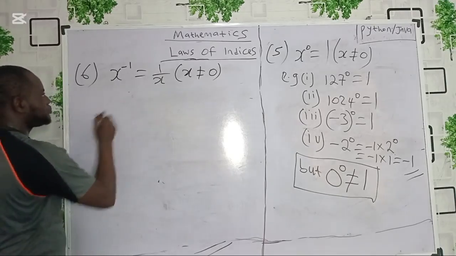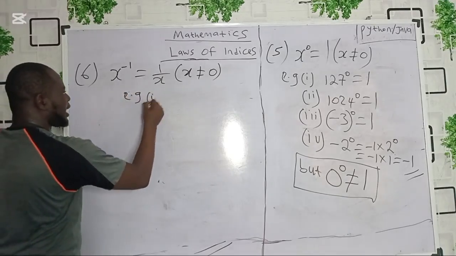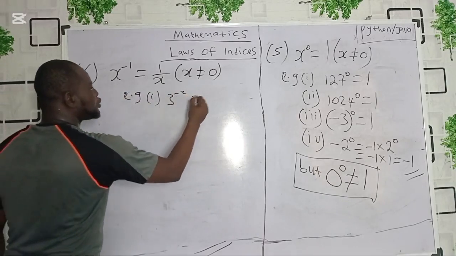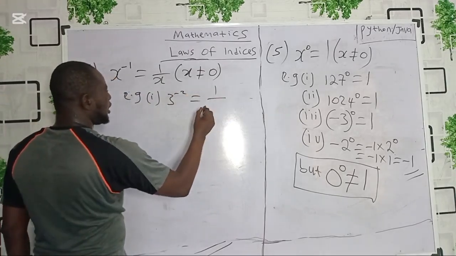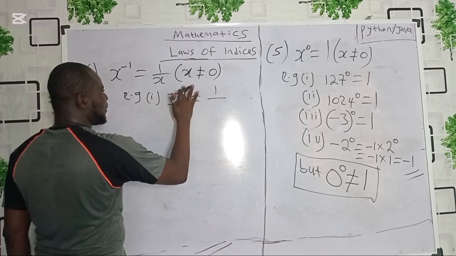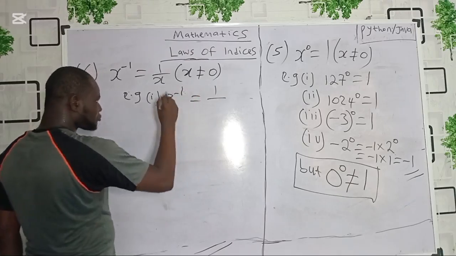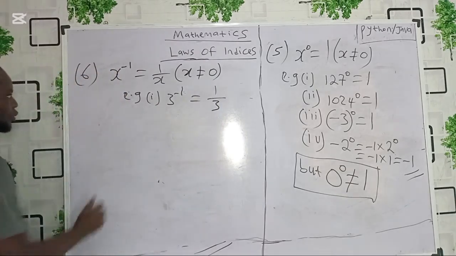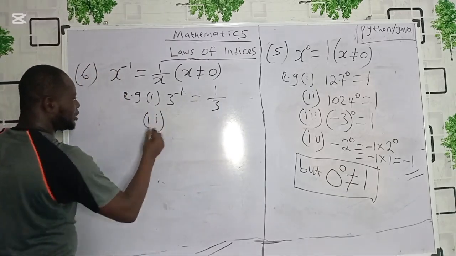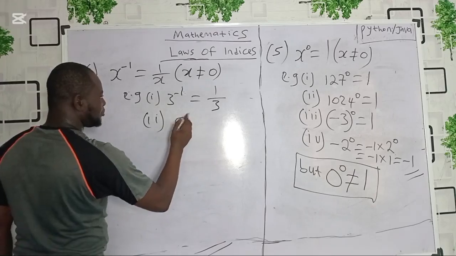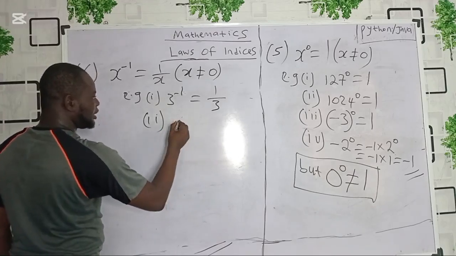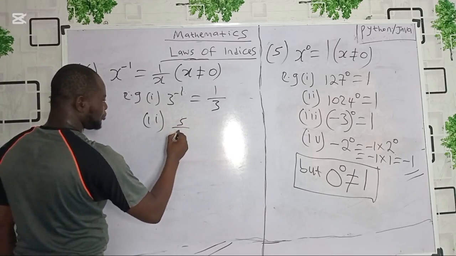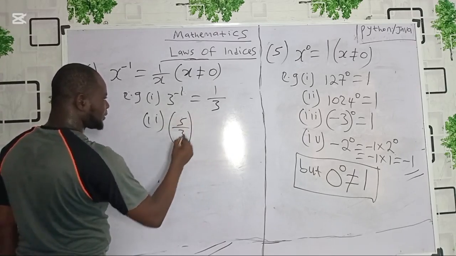So, now, example here is if I have something like 3 raised to power minus 1. This one will become 1 over 3 raised to power what? 1. That's 1 over 3, okay? Let's say 5 over 3, raised to power of what?